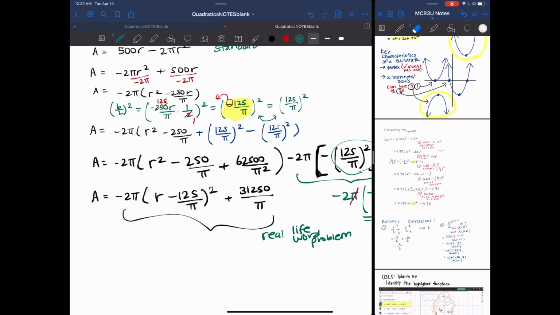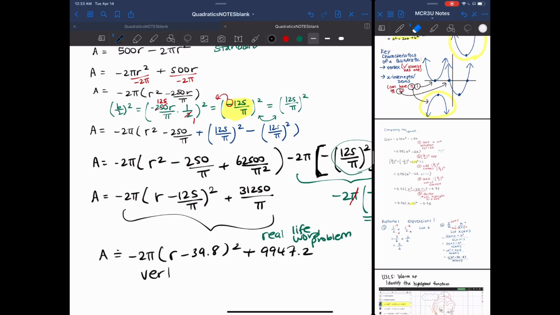It's a word problem, and so let's see. We're going to have a equals, the approximate one that we have is negative 2 pi. So 125 divided by pi is approximately 39.8. And the optimum value is about 9,947.2.